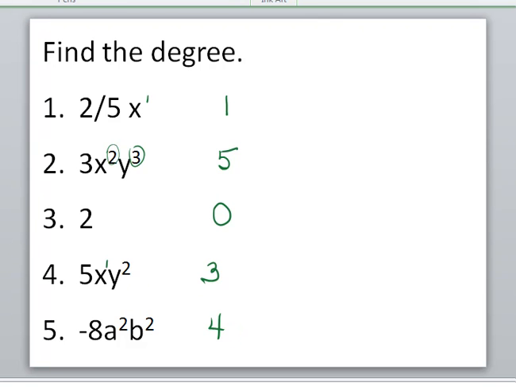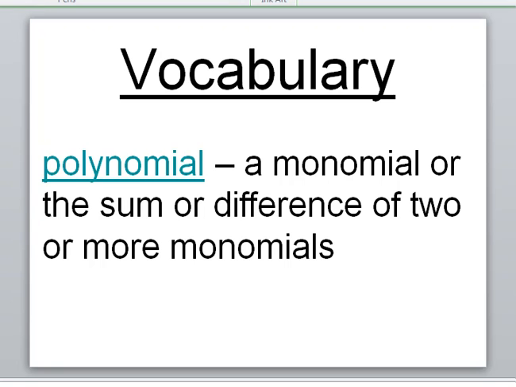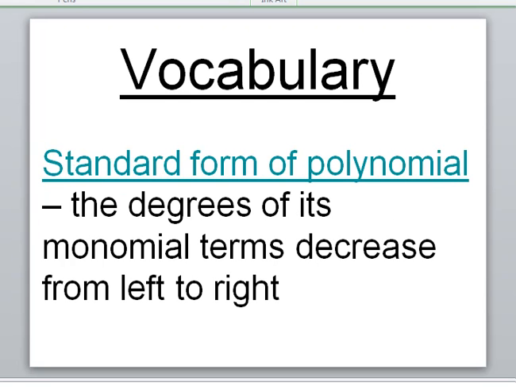Looking at the next vocab, we have the word polynomial. A polynomial is a monomial, or the sum or difference of two or more monomials. We can then talk about the standard form of a polynomial, and that's when the degrees of all the monomials decrease from left to right.